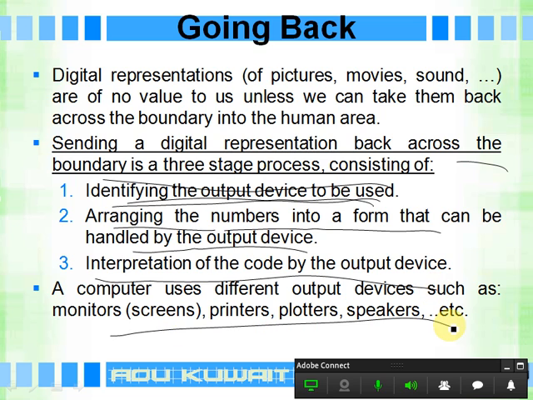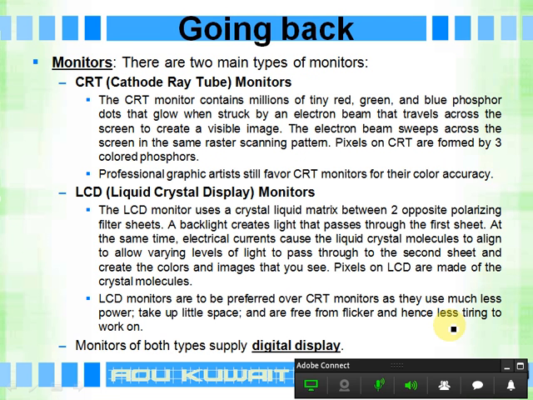Okay, so in a computer we have different output devices. Those are monitors, printers, plotters, speakers, okay, and other output devices. Let us talk about monitors. There are 2 main types of monitors, CRT and LCD. Cathode ray tube CRT monitors, the big ones, I think you have seen these.